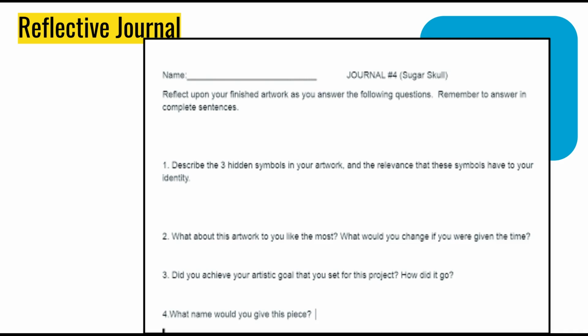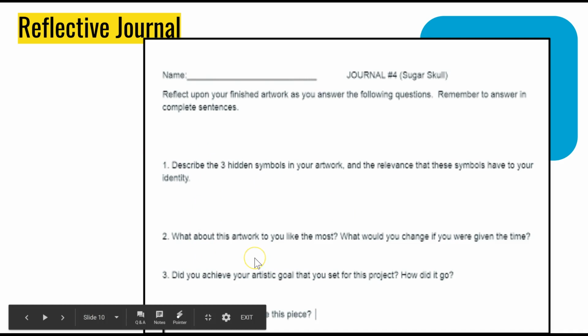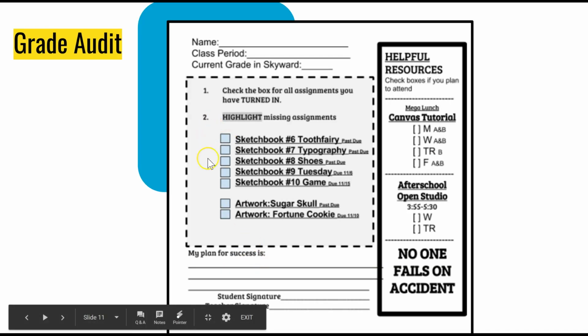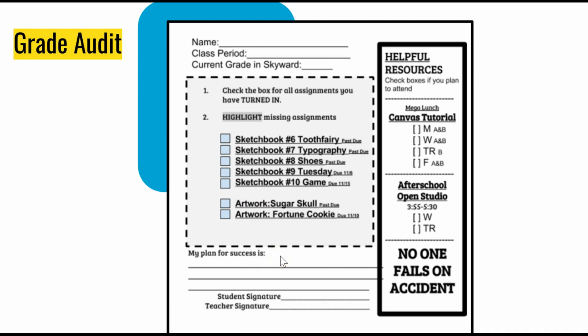They describe their work, they name their work, and this is their critical thinking piece. But of course, it always does tie back to the goal setting. I think that's one of the most important key features.